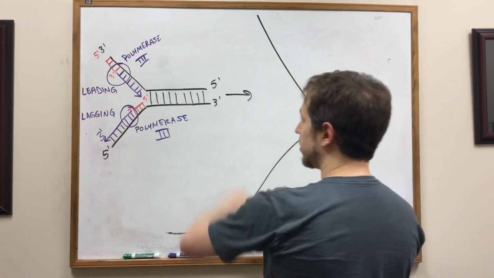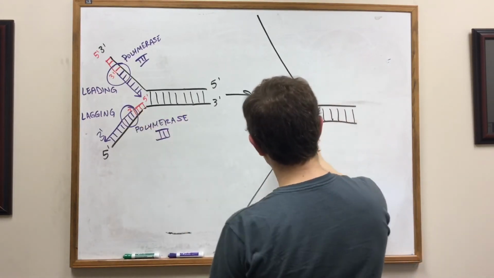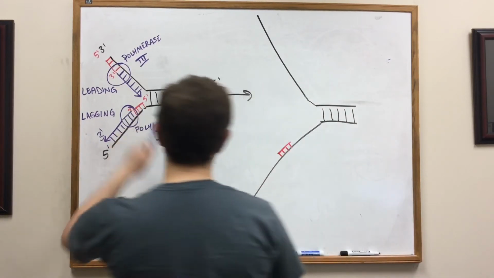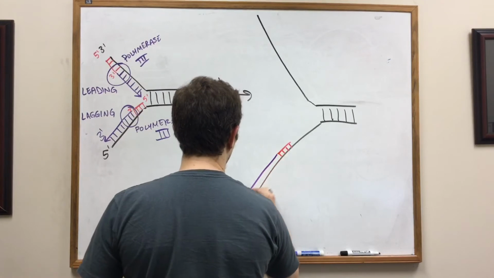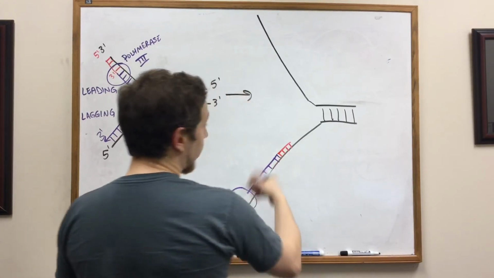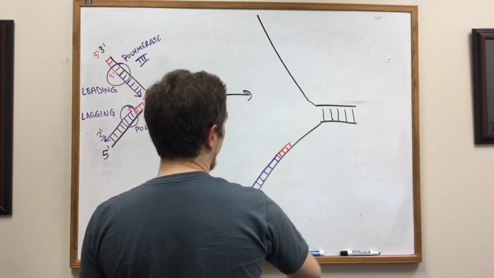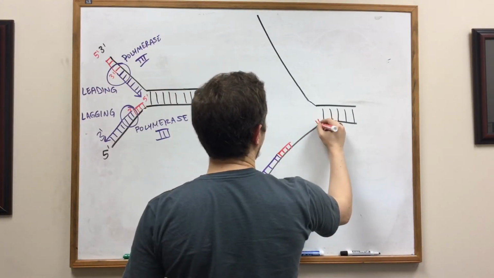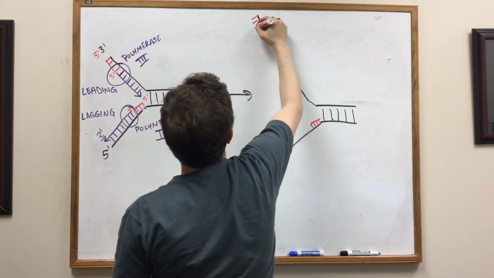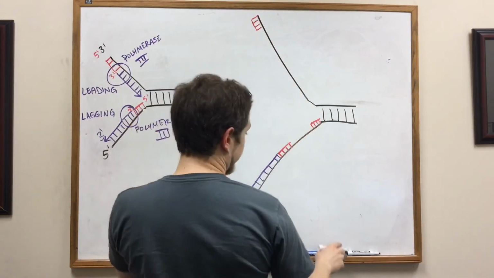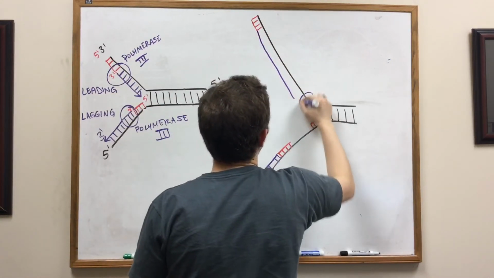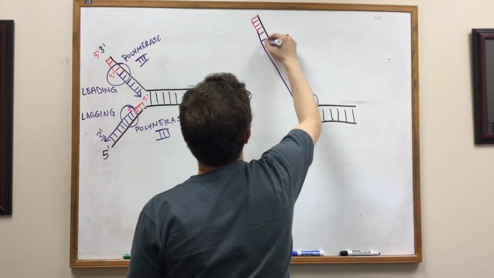And as a result, this primer is actually right about here. And so this polymerase has now synthesized new DNA up to this point. But while it was doing that, the fork opened a little more, and another primase jumps in and lays down another primer. This polymerase on the top, however, because it's synthesizing into the fork, it can just continuously make DNA as the fork opens up.